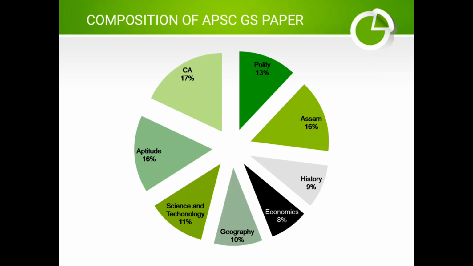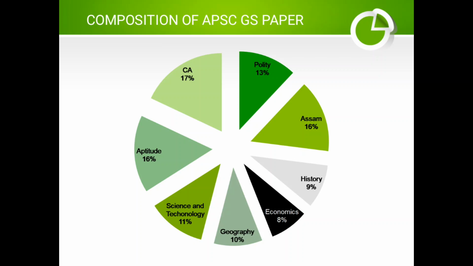If I think that I might get 60 in the technical paper, then 70 marks should be there in the GS paper. You cannot get 90 in a GS paper, so you need to target at least 65 to 70 marks in your GS paper.